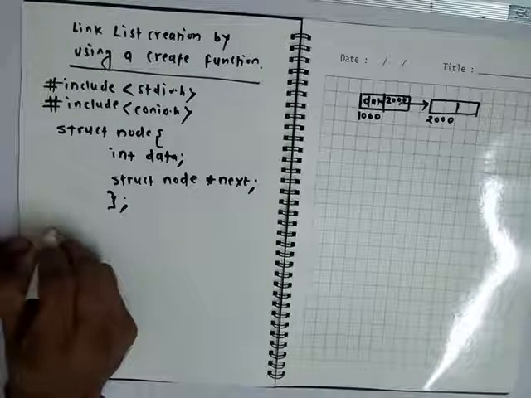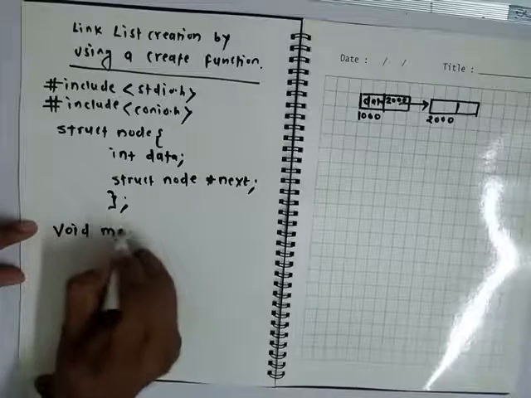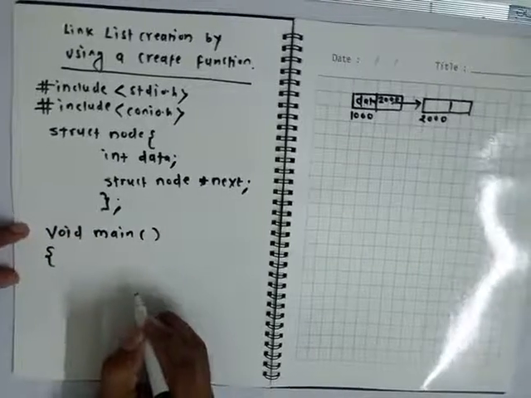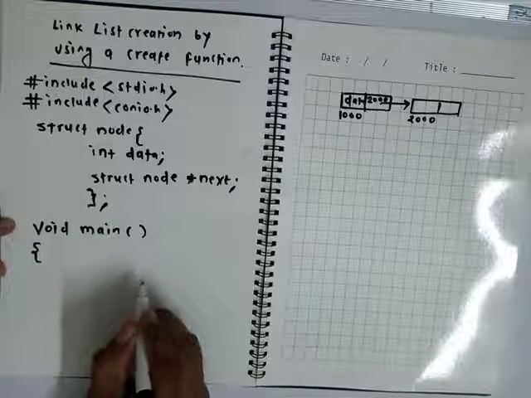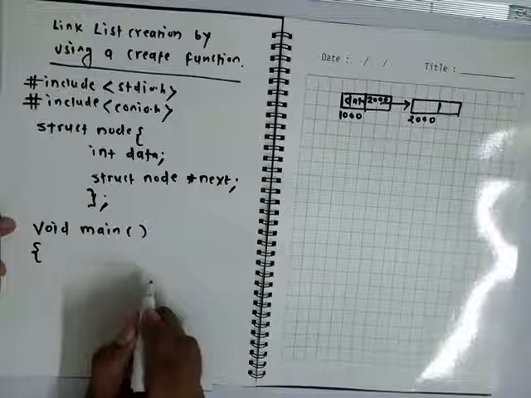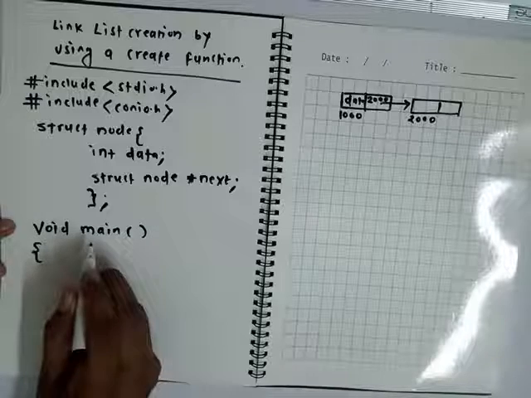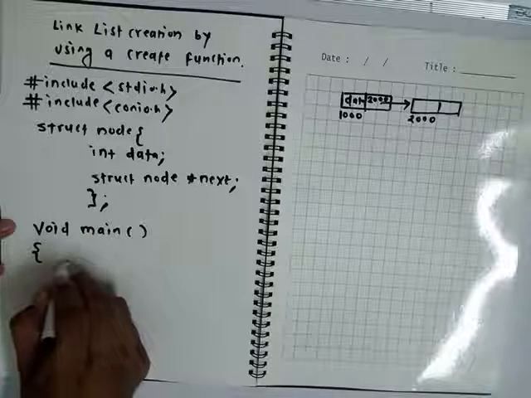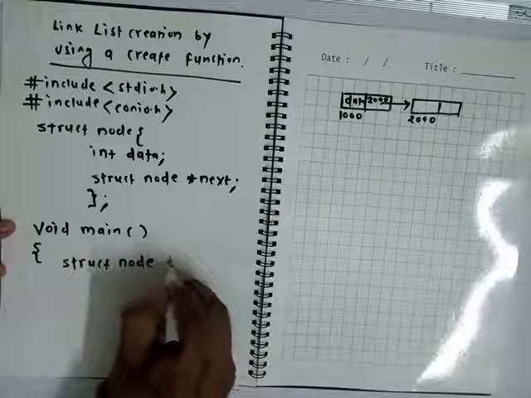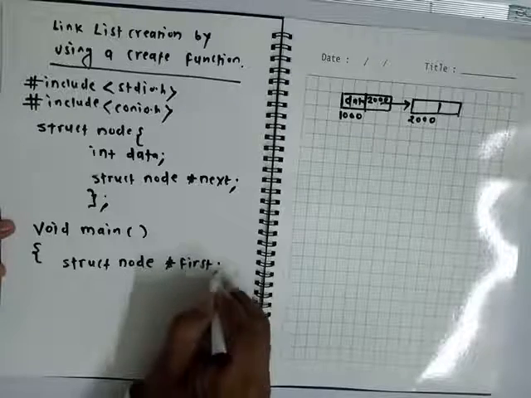Now let's go to main. So our main function, void main, right? What we'll be doing is creating a linked list, and we'll be pointing to that linked list by a pointer in main. Let's name that pointer first pointer, and the type of that pointer will be struct node type pointer. So struct node *first, because it will be pointing to the first node of the linked list.